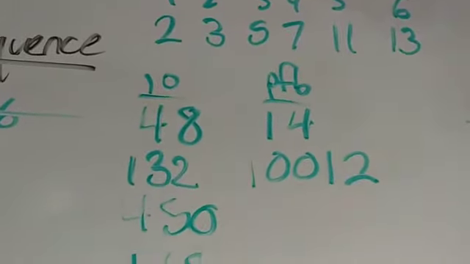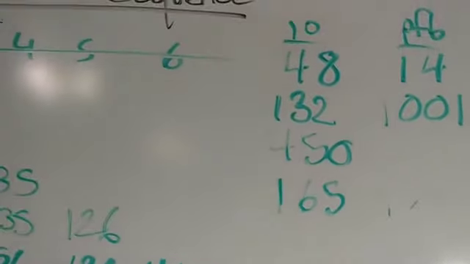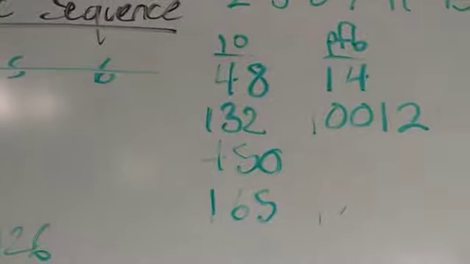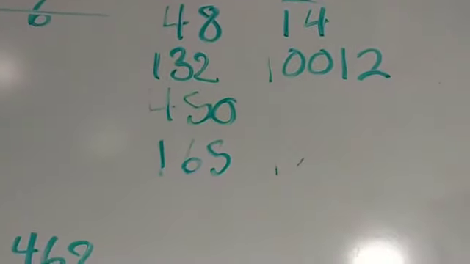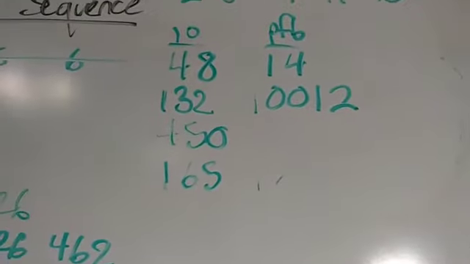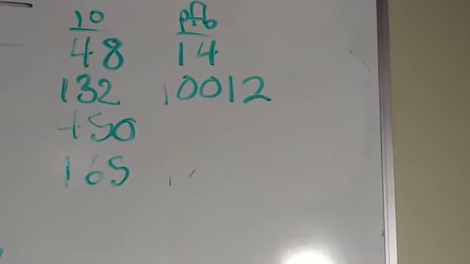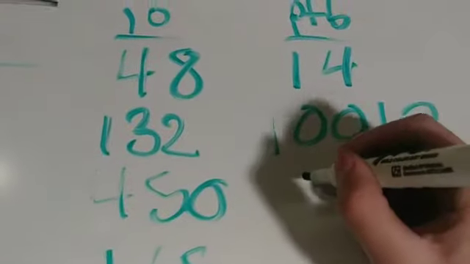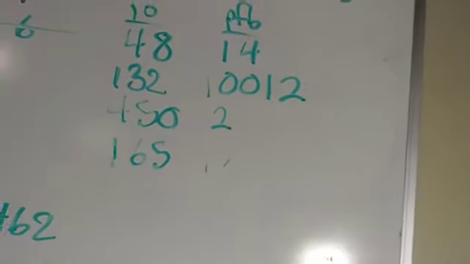450 in prime factor base. Let's see. That is 50 times 9. And that is 5 times 5 times 2 times 3 times 3. So 5 times 5 is 25.